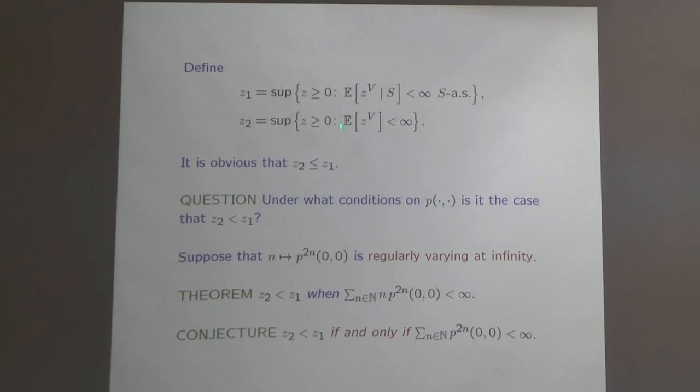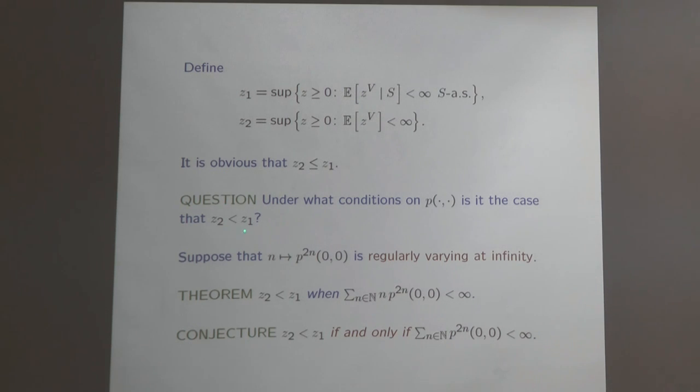And here I'm taking the expectation over both. And it is completely clear that because this thing is the expectation over s of that thing, that this thing is really typically bigger than that, and therefore z2 can never be bigger than z1. It's less than or equal to z1. Okay, and my question is, when is it the case that they're not the same?